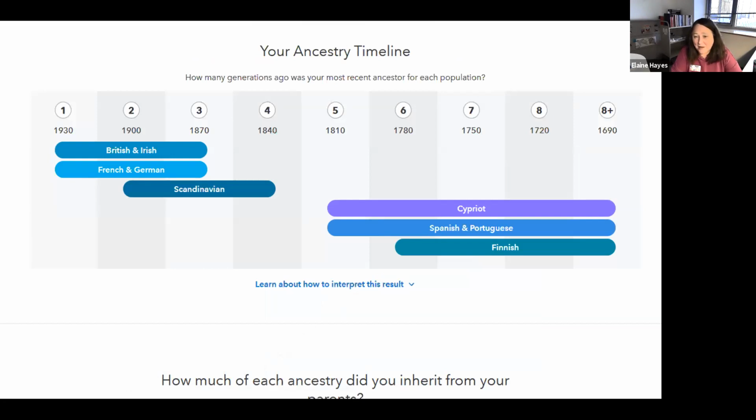They also give you a timeline, and your ancestor who was Scandinavian or Cypriot, when did they come? How many generations ago was your most recent ancestor from that population? I feel like the first 3 are pretty right on. Not sure about the Cypriot or Spanish and Portuguese or Finnish, since I have not found any of those populations yet.